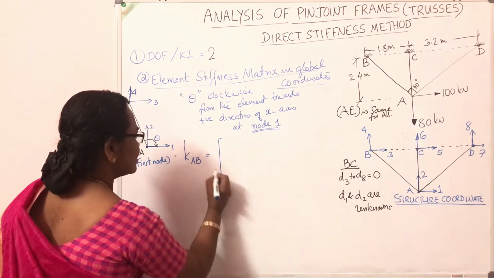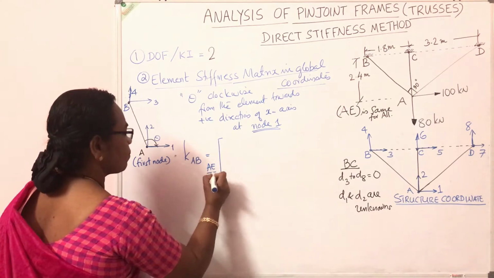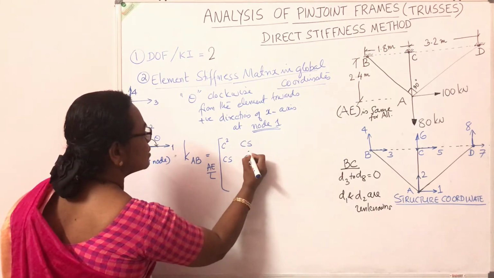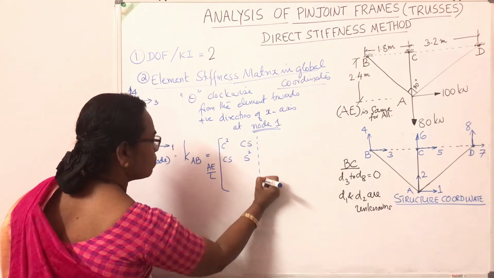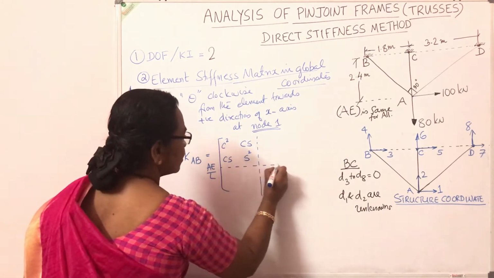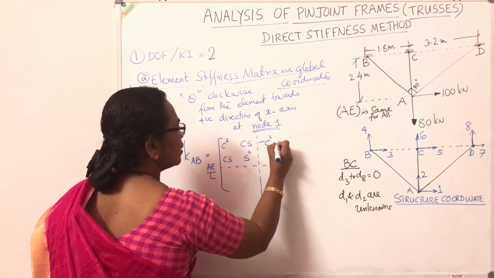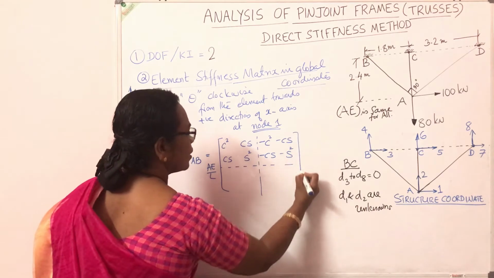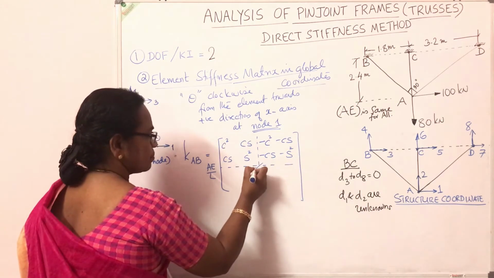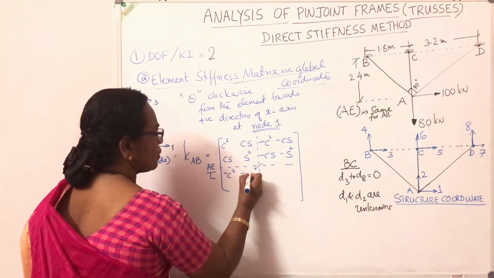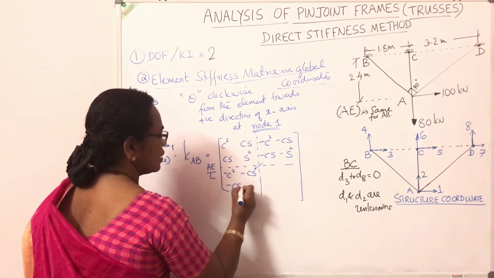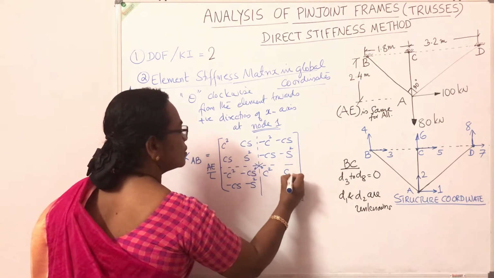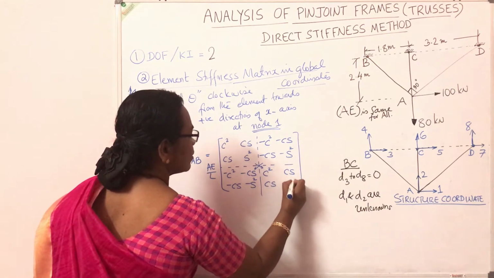can be written as AE by L times the matrix: C square, CS, minus C square, minus CS in the first row; CS, S square, minus CS, minus S square in the second row. Then the third row is minus C square, minus CS, C square, CS, and the fourth row is minus CS, minus S square, CS, S square.